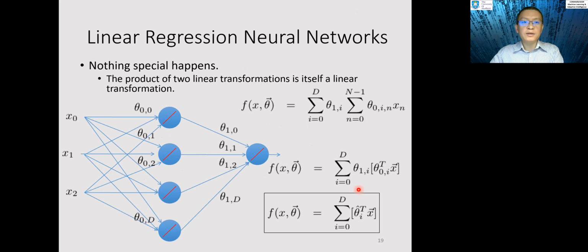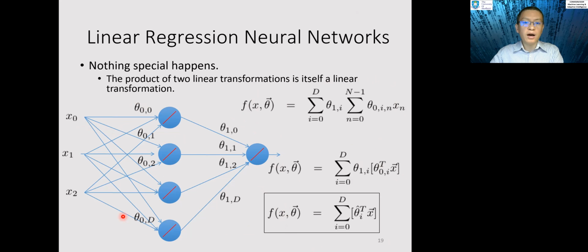Actually, in this case, nothing special will happen, because the product of two linear transformations is still a linear transformation. Here are some reference derivations, and you can try to work it out. When you cascade two linear transformations, what you obtain is still a linear transformation.